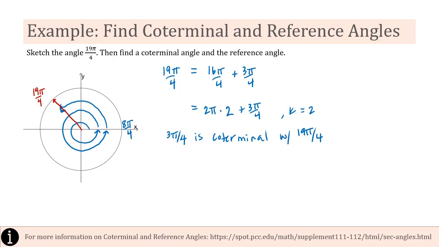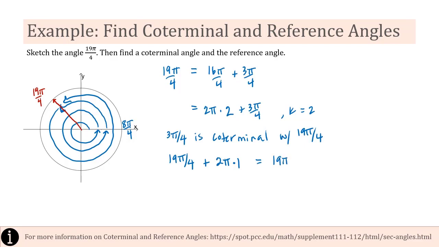But if you weren't thinking that way and you just wanted to use the formula from the previous slide, we could say that if we take 19 pi over 4 and add 1 complete rotation, going around 1 more time, that's going to get us a coterminal angle.